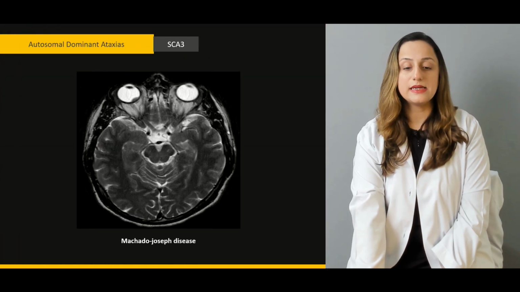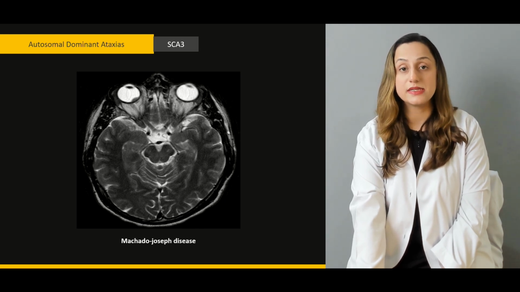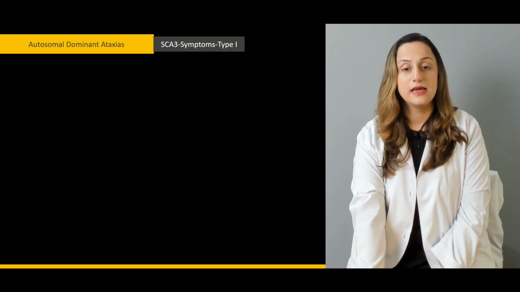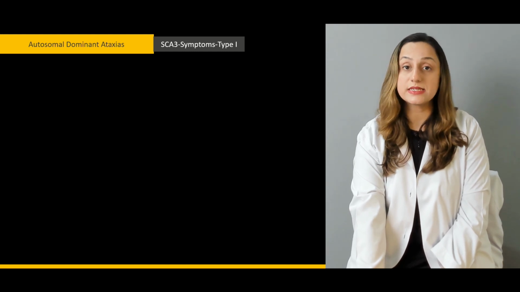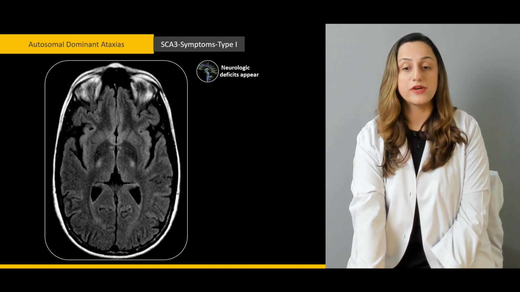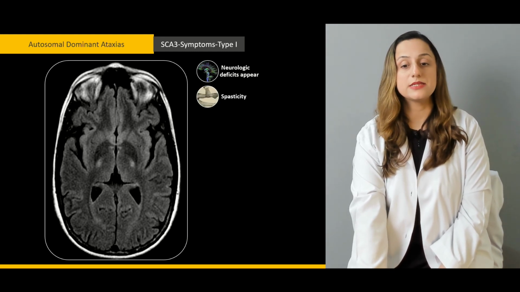The third variety is known as Machado-Joseph's disease, and as I've already told you, it is divided into 3 subcategories. So the spinocerebellar ataxia symptoms of the first type of the MJD are the neurological deficits that are going to appear in these patients.